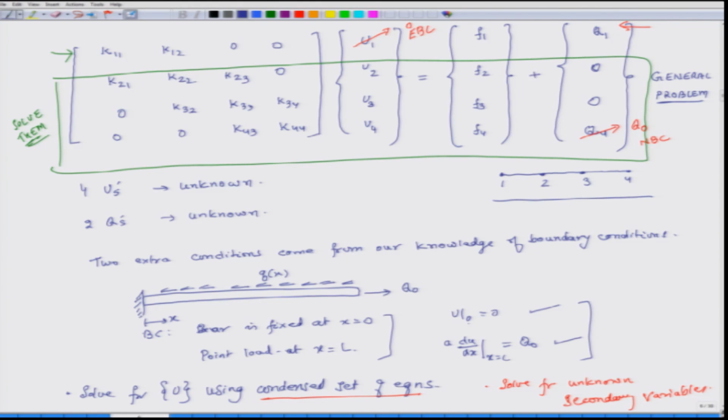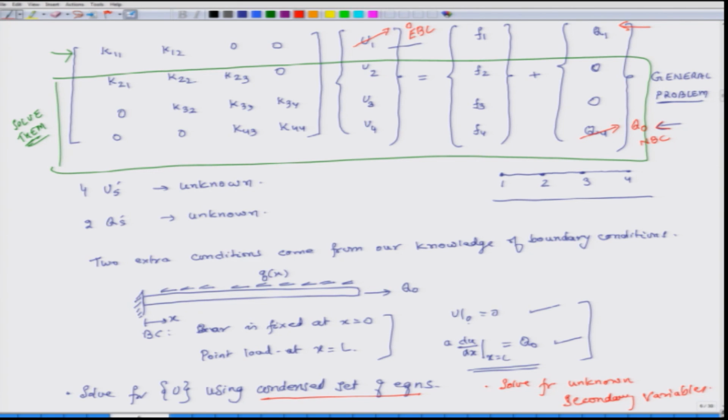So, we had made u1 to be 0 in the first equation, and that was the enforcement of the essential boundary condition. The second boundary condition, that the force at x equals L is Q naught, is what we had applied in the last equation.